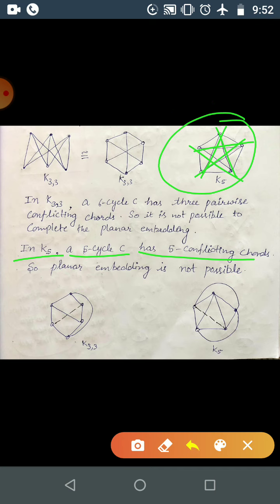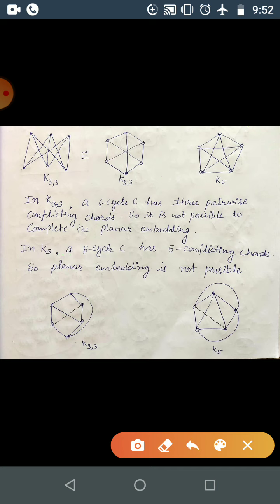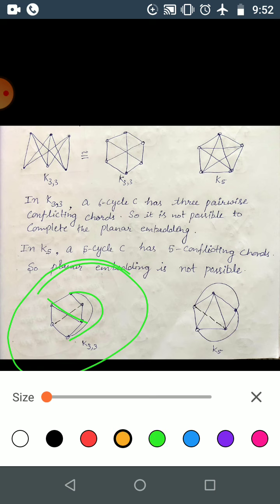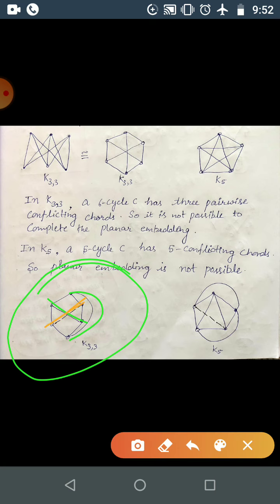So here I have just drawn this one, tried to draw the planar embedding but could not, because if you are able to manage this one and this one, then this middle one will be creating a problem. Correct? This can't be going like this and this can't be going like this. So we cannot draw this K33 in a plane.